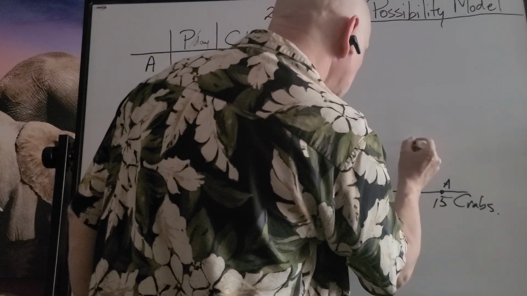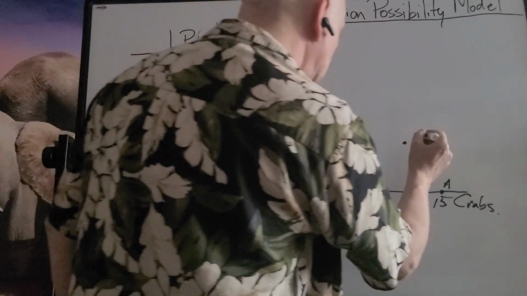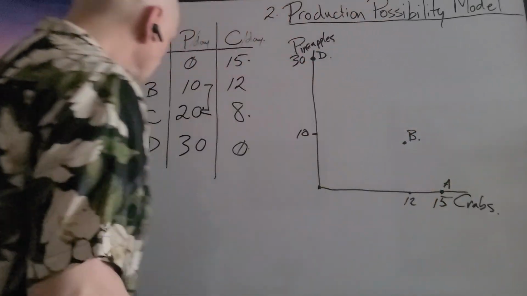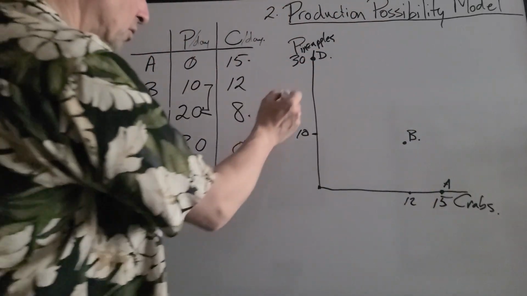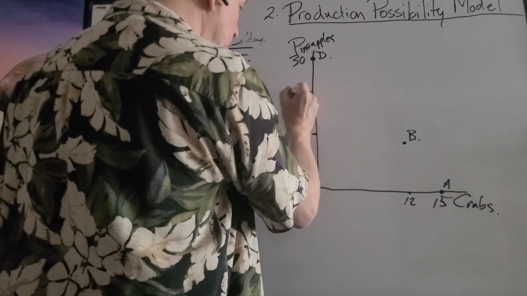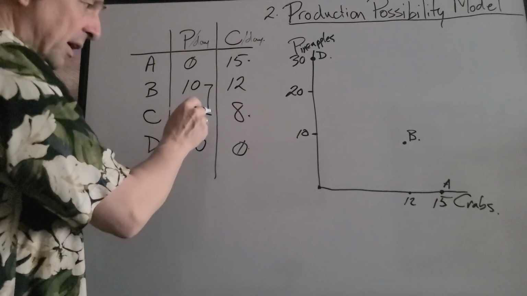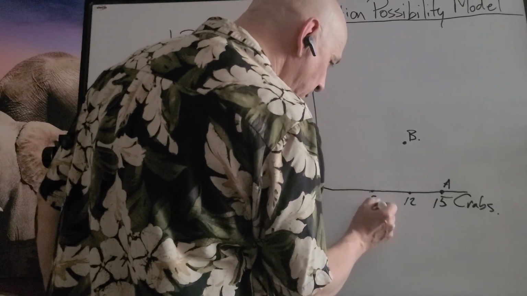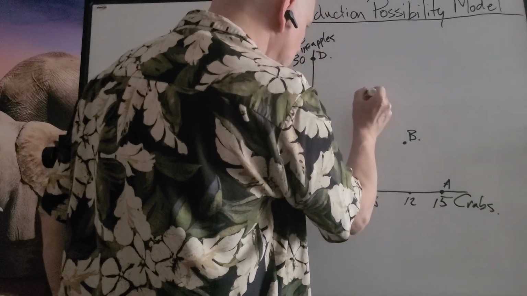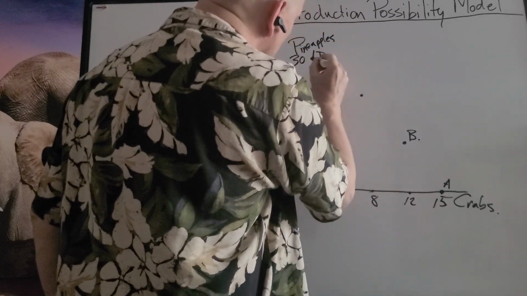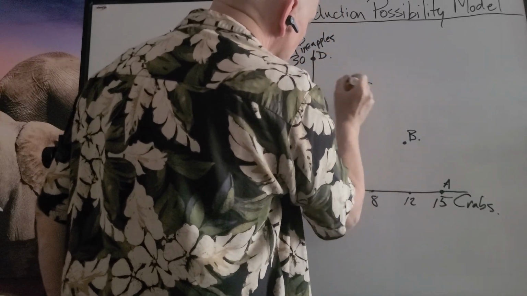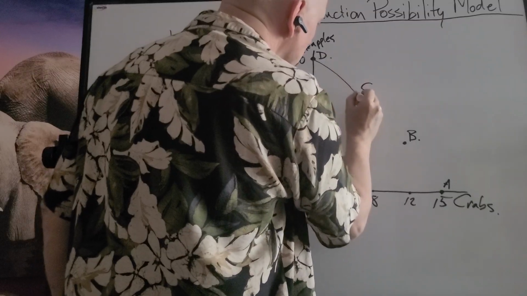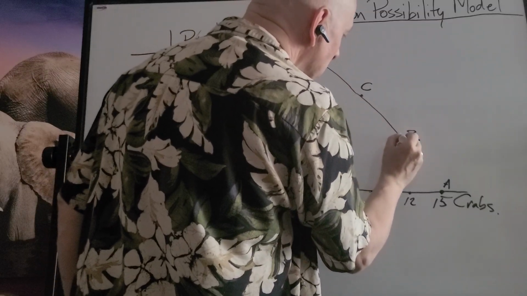And so, yeah, there's point B. And then point C is going to be at 20 pineapples. And this is going to be 8, so let's put it about there. And so we're about here. So there's our C.